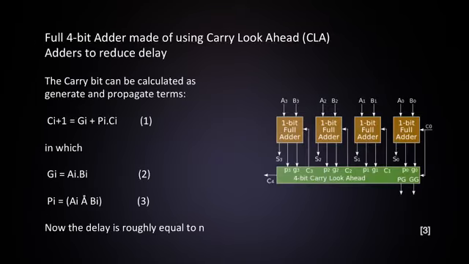We can use more sophisticated circuits to create better performing adders with less delay. One such possibility is the carry look-ahead adder shown here. The carry bit can be calculated as generate and propagate terms.